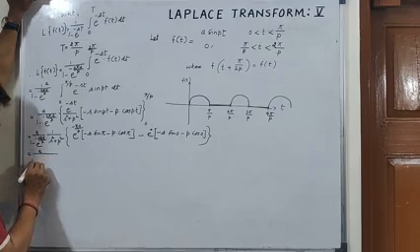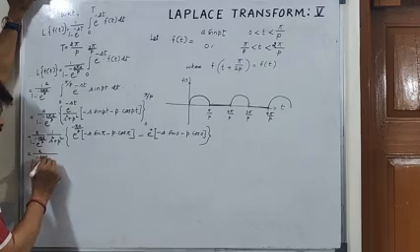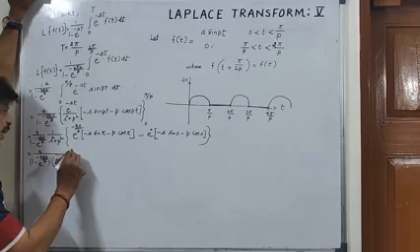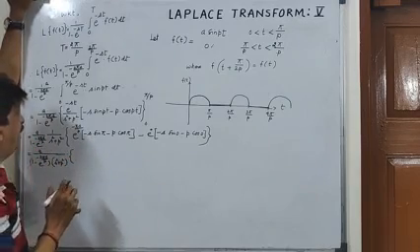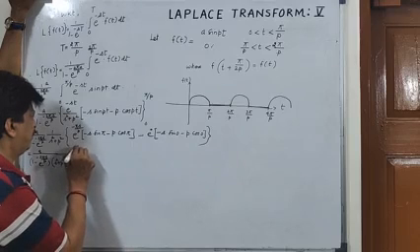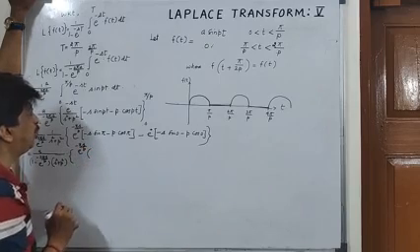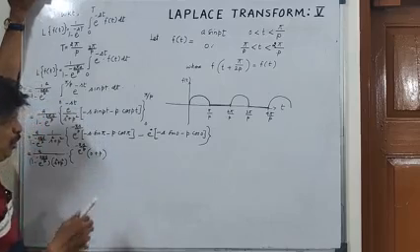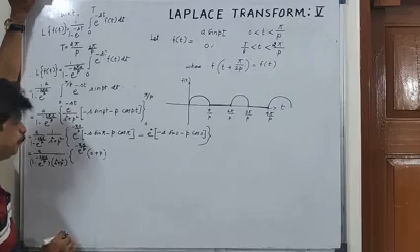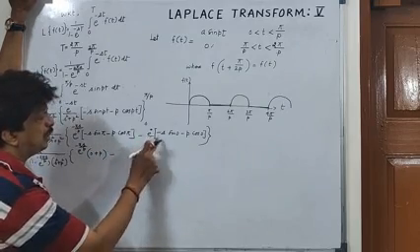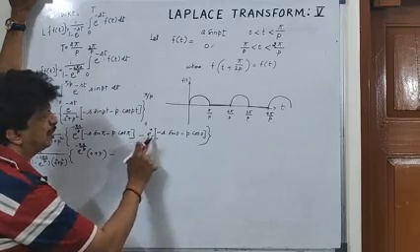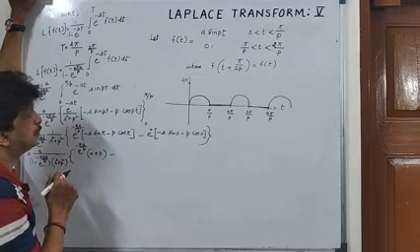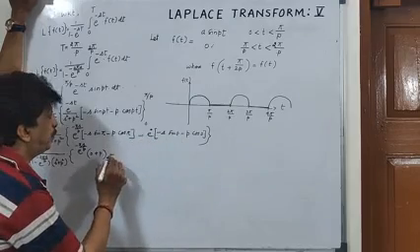That reduces to a upon 1 minus e raised to power minus 2 pi s by p into s square plus p square, times e raised to power minus pi s by p into sine pi, which is 0, plus p, because cos pi is minus 1 into minus p is plus p, minus e raised to power 0, sin 0 is 0, cos 0 is 1, minus into minus plus p.